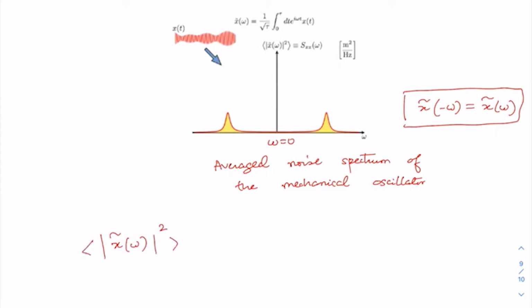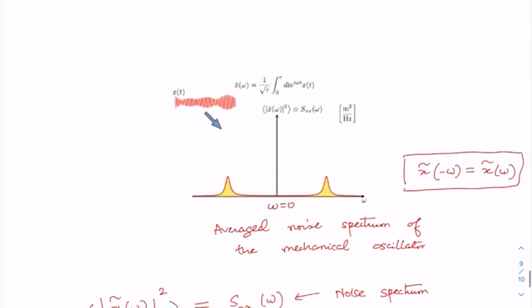Okay, now in fact it can be shown that this particular quantity, x tilde of omega mod square, and if we take the average, also denoted by the symbol S_xx of omega, is actually called the noise spectrum. This quantity is referred to as the noise spectrum.